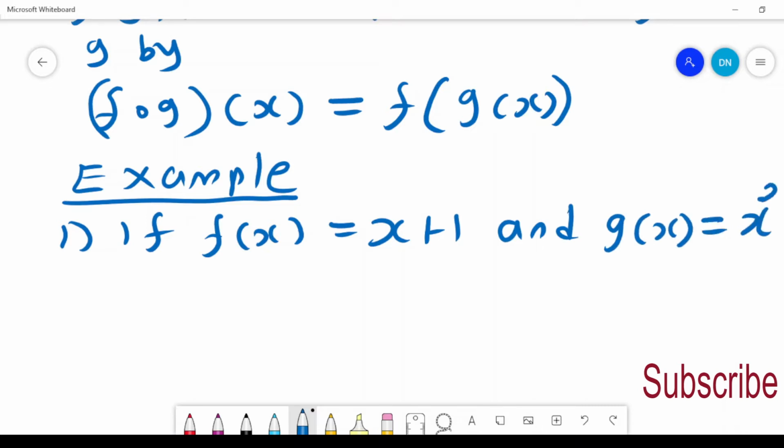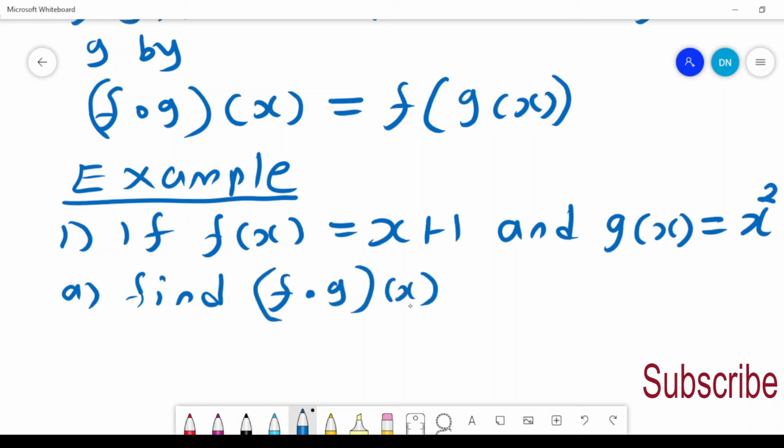then the first thing we want to do is find f of g of x. You have been told that f of x is equal to x plus 1.